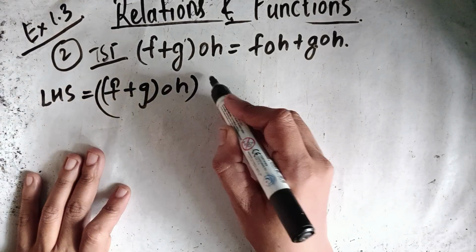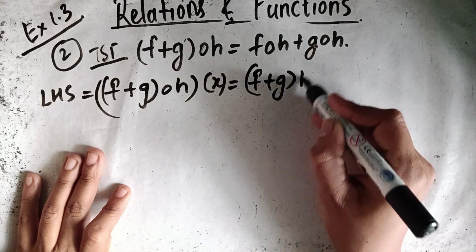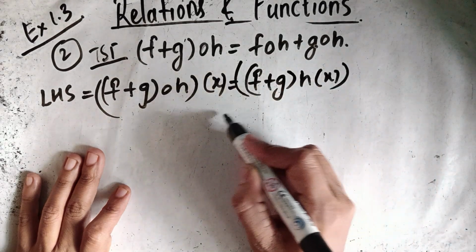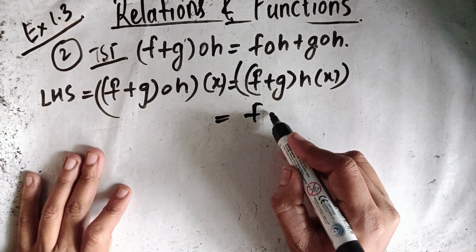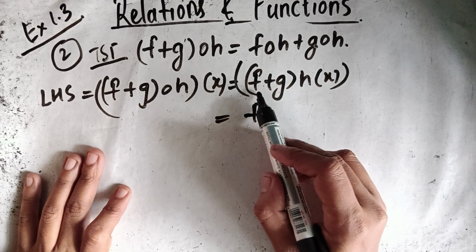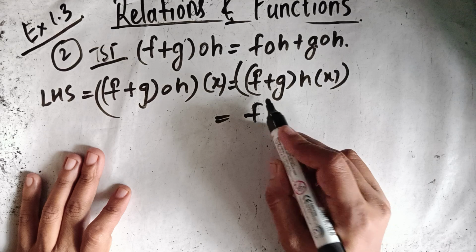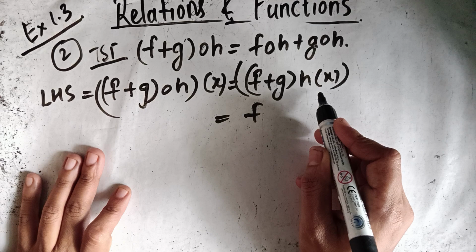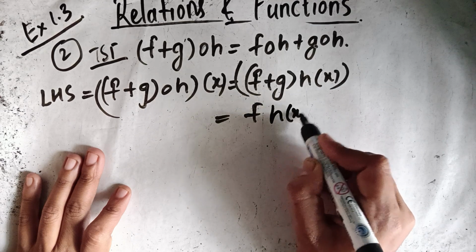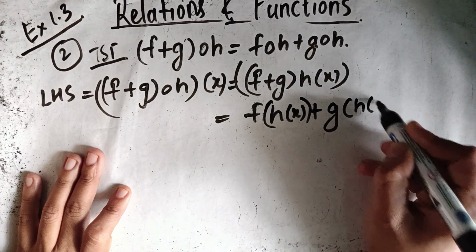So starting with the left hand side. So h of x I'm taking. So (f plus g) of h of x. Then by the algebra of these functions, (f plus g) of h of x can be written as f of h of x plus g of h of x.